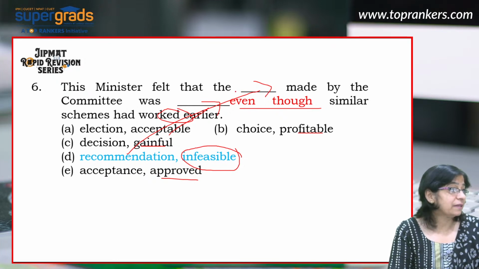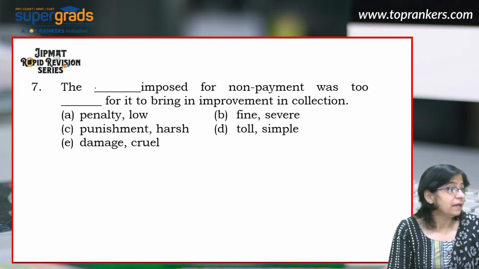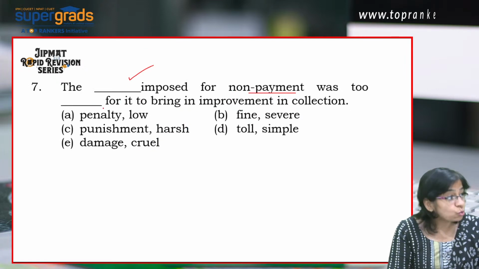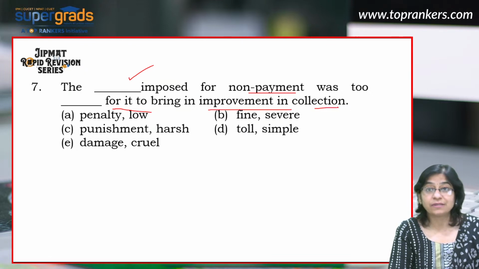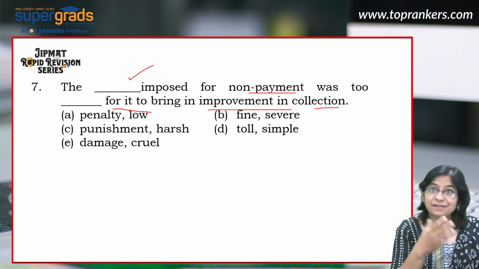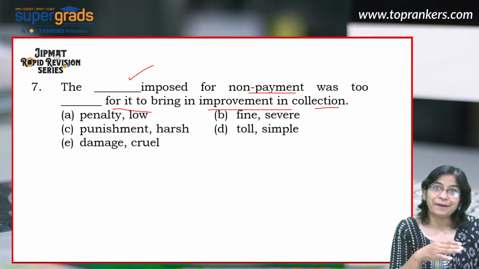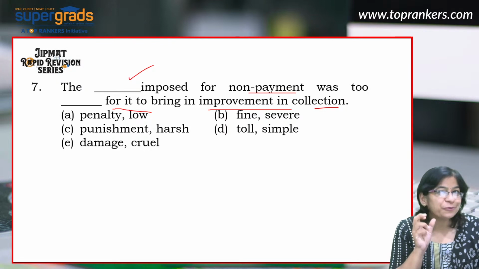Now, the next one says: the dash imposed for the non-payment was dash, too, for it to bring in an improvement in collection. Does it make sense to you? When you read it at first, maybe it doesn't. So let's try and find the clue that will guide us to the answer.